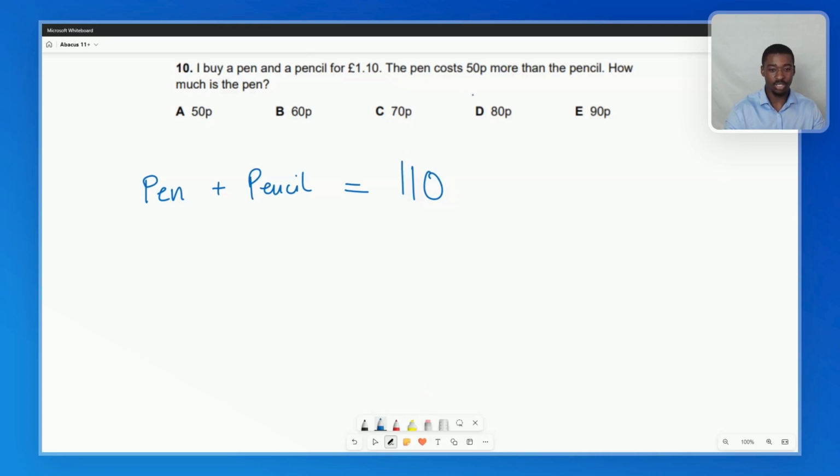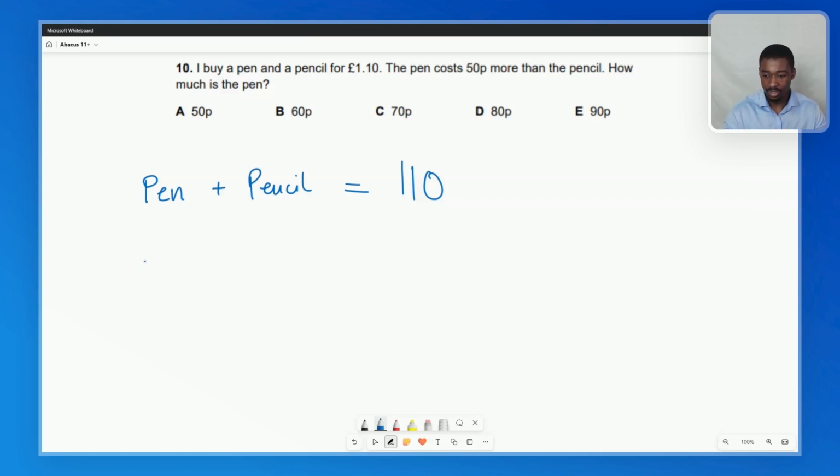The pen costs 50p more than the pencil. What's the equation, or what's the maths in that sentence? Well, whatever the pencil costs, the pen has to cost 50p more.